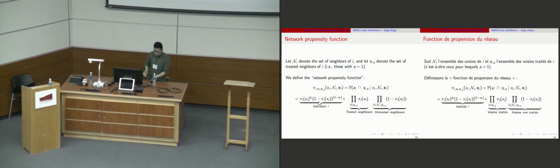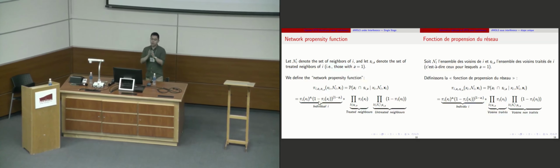So the idea is based on the propensity score. We give a new definition of the network propensity function. The propensity score was proposed by Rosenbaum and Rubin in 1983. That's the balancing score that balances the covariates between the treatment group and the control group. Based on this idea, we give the network propensity function.